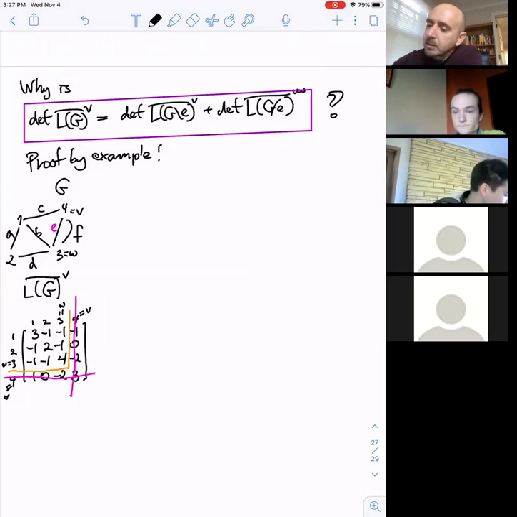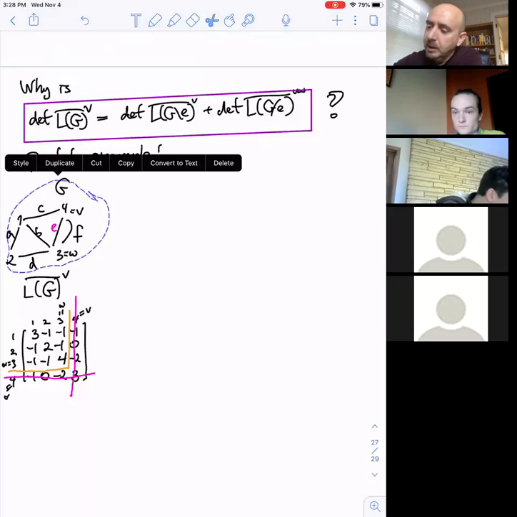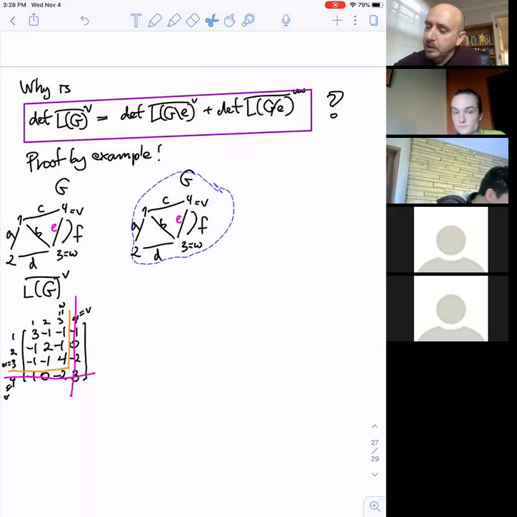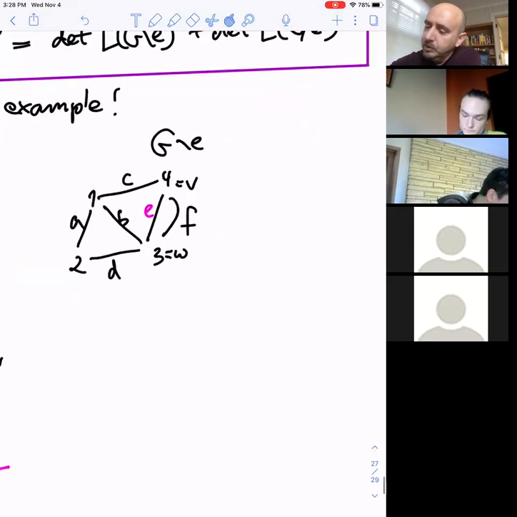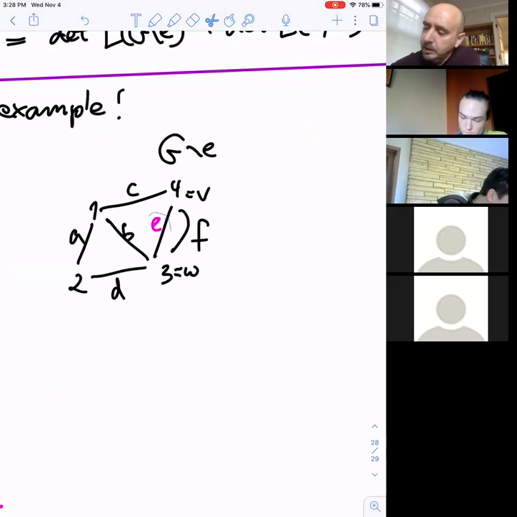And now let's compute first of all, what is G with E deleted? Well, that I should be able to draw in my usual sneaky fashion by copying and deleting the edge E. All right, so I want to do G with E deleted. And so I blow this up a little bit and I take out edge E. It's gone.